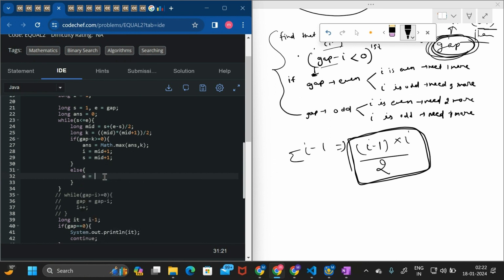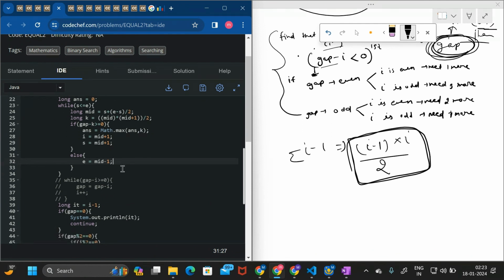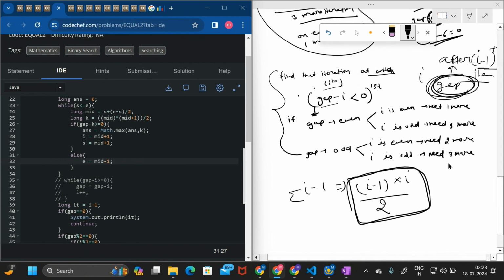So our end is equal to mid minus 1. Okay, so here we found these gap and these I with the help of binary search.